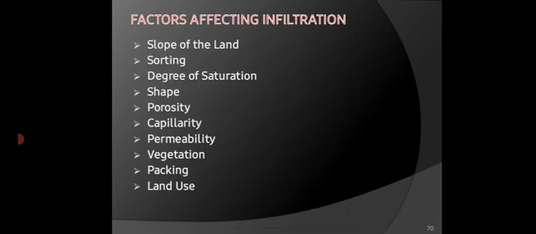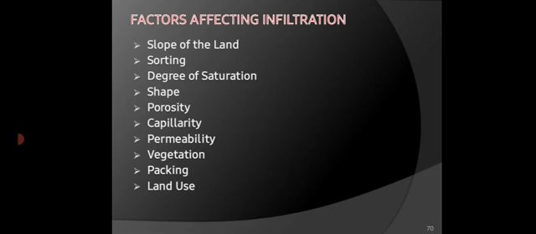If soil is saturated, then the infiltration rate decreases and runoff increases. If the ground slope is steep, the water cannot be held on the ground, so on steep ground the infiltration rate is low. On flat ground, infiltration is more.